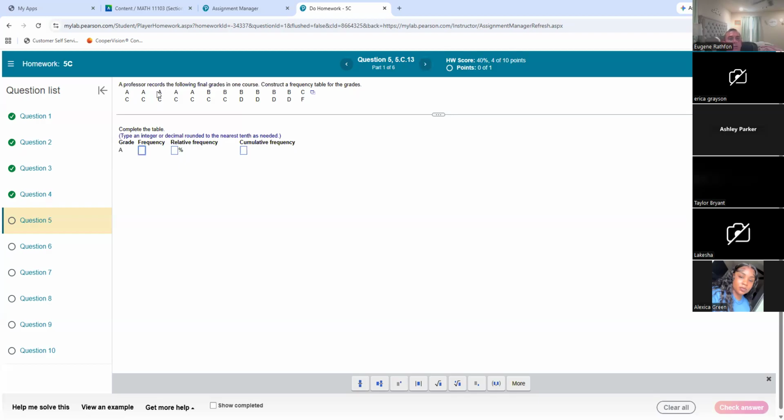So let's see, 1, 2, 3, 4, 5. Let's see, 1, 2. Okay, you got it. 5, 5. There you go. So 5 on that. Now, give me the relative frequency. That'll be 5 divided by 24. See what y'all get on that.